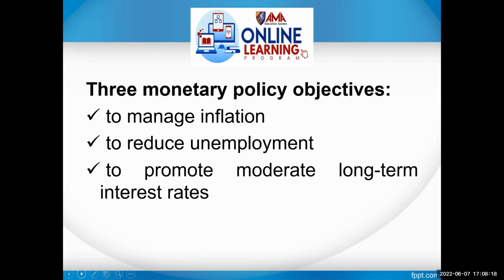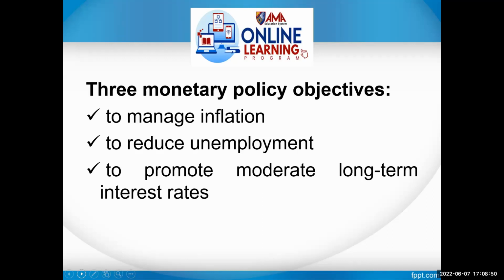So the three major monetary policy objectives are: first, it is used to manage inflation; second, to reduce unemployment; and then to promote moderate long-term interest rates. Please take note of these three. Why is a monetary policy implemented by a nation's central bank?